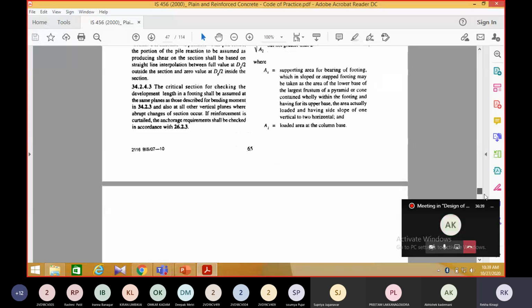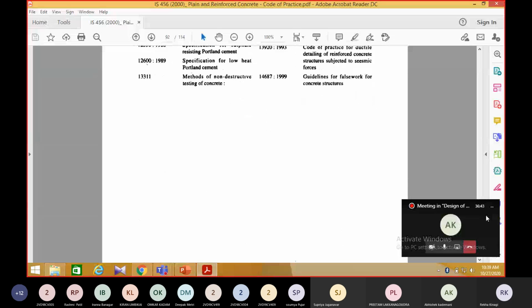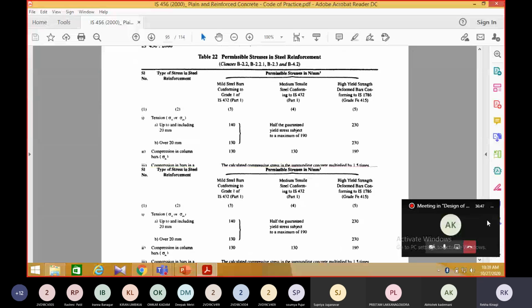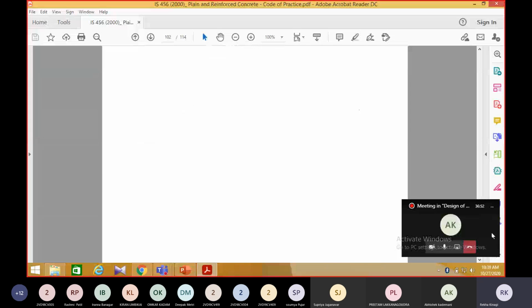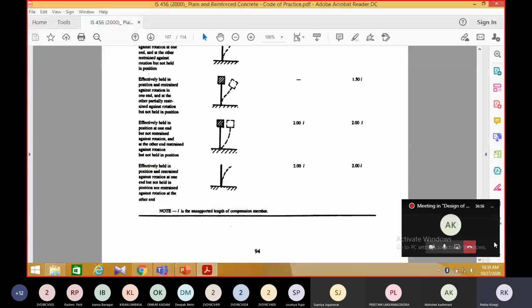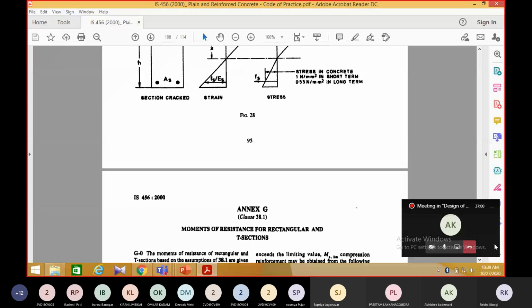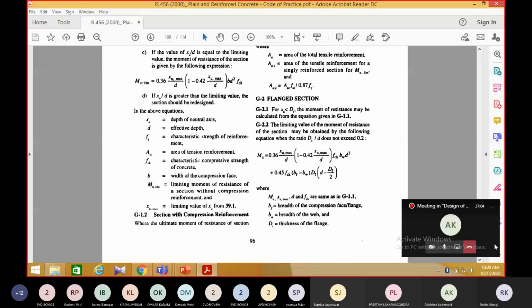Now let me go through Annexure G. Section with compression reinforcement.